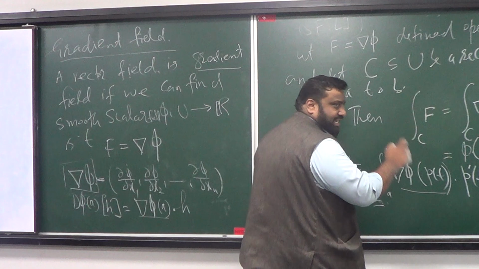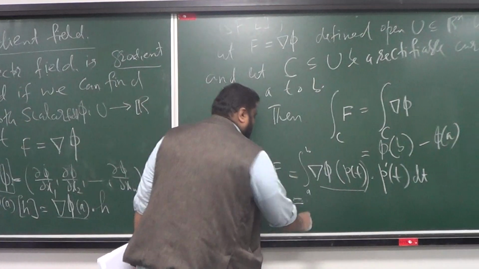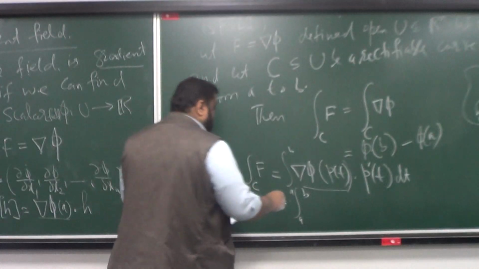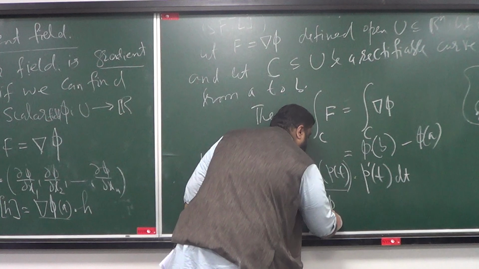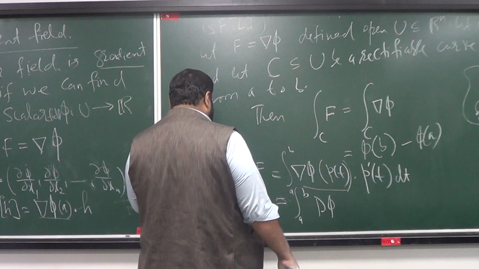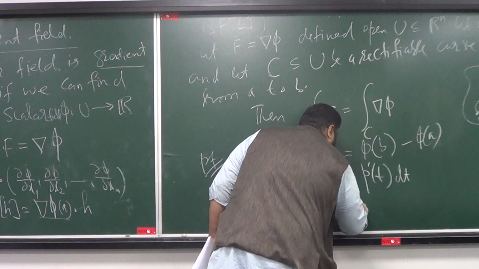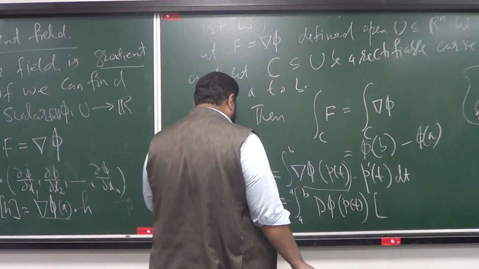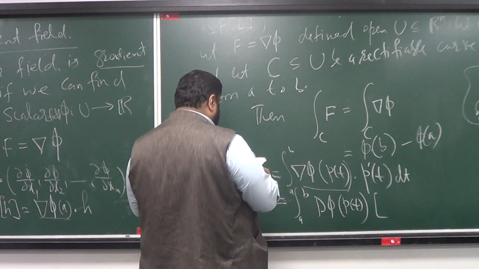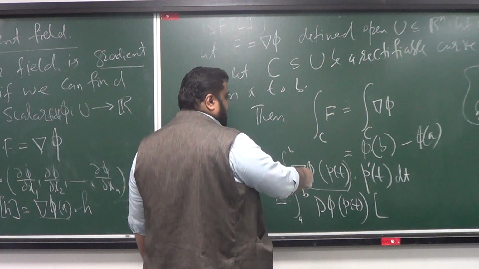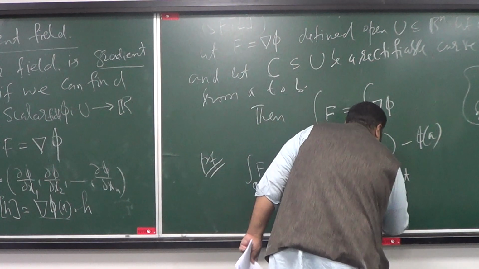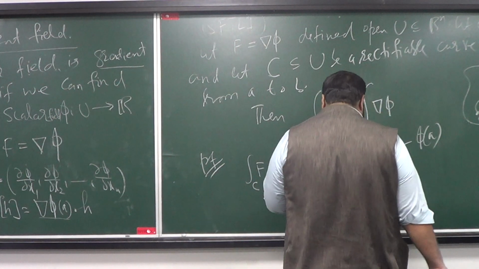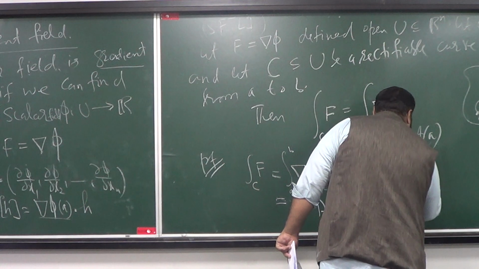Let me get into the details. Okay, let's not be too quick. A to B. So what is this going to be? I can say that this is the same as the integral of the Fresher derivative of phi at p of t, operated onto p prime of t, and the p prime of t can be written as the Fresher derivative of p evaluated at t, operated on 1.